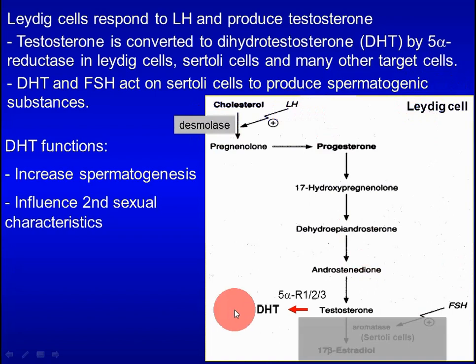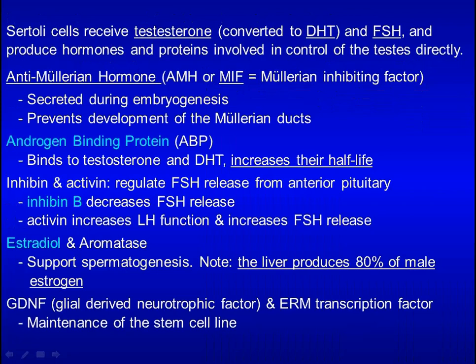DHT and follicle-stimulating hormone then act on Sertoli cells. Sertoli cells receive DHT and follicle-stimulating hormone and produce hormones and proteins involved in control of testes directly.